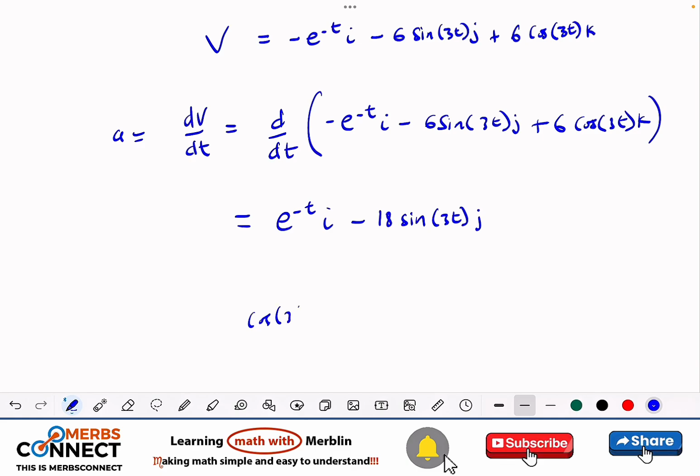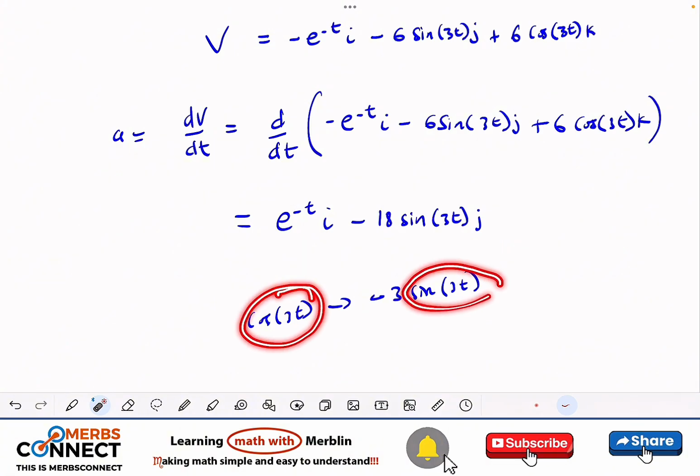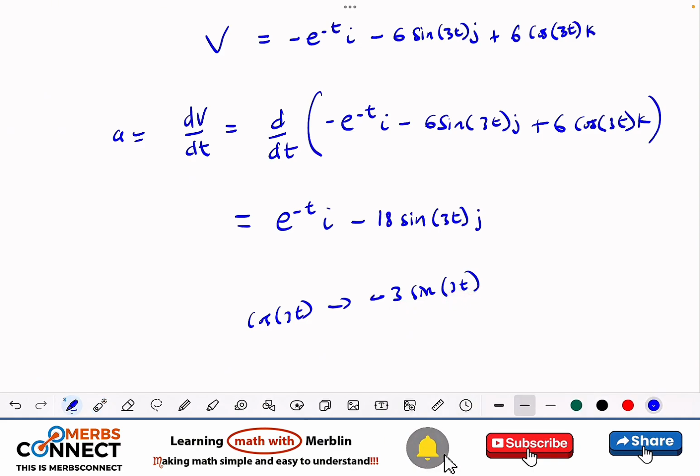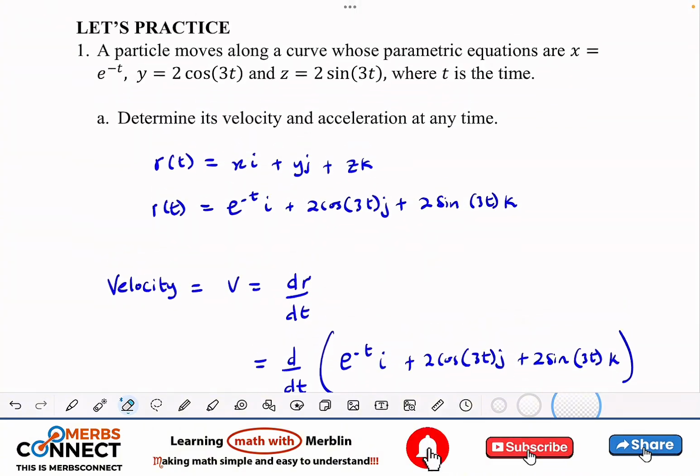So when I differentiate cos 3t, I'm going to have minus 3 sine 3t. So you should be good with this kind of differentiation. Differentiating this is going to give us minus sine. Then when I differentiate what is inside the bracket, I have that. So this is going to give us another minus 18 sine 3t k. I had 18 here because 3 times 6. Good. So this is the acceleration, right, with respect to time.